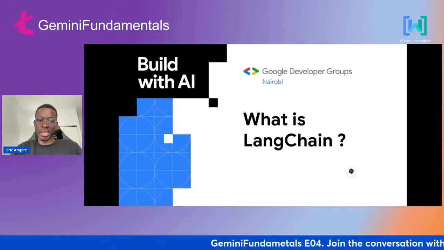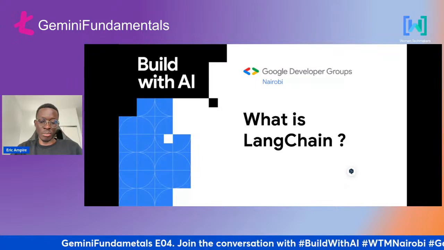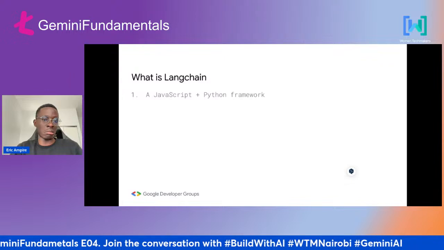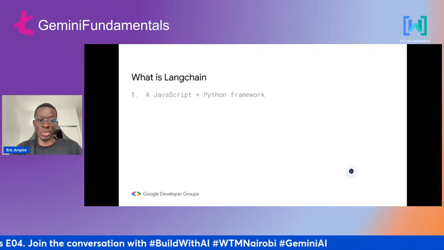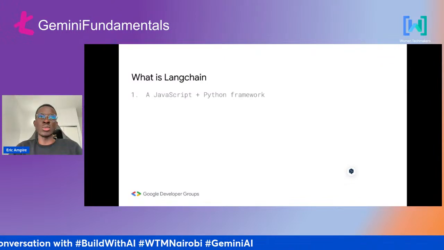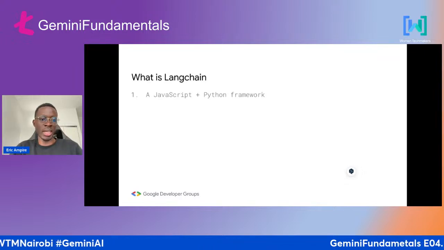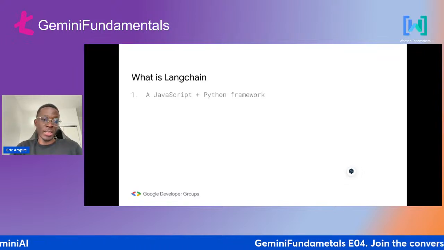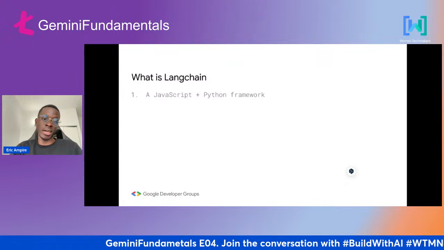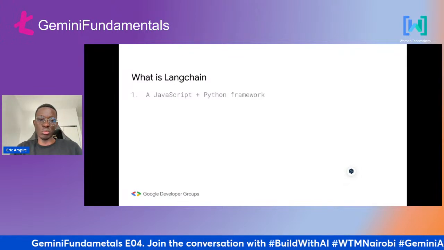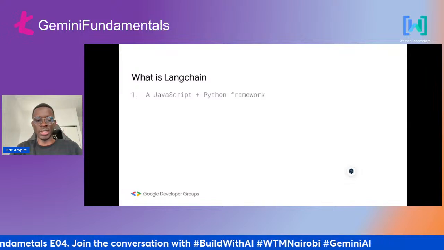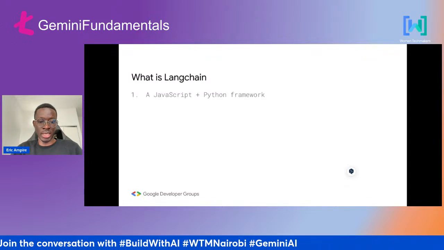So what is LangChain? I think Marvin already explained it in the previous session. LangChain is basically a JavaScript and Python framework that helps you build complex applications that take advantage of LLM. It has been created in JavaScript and Python, but in this session, we are going to see how we can take advantage of that framework on the Android side.